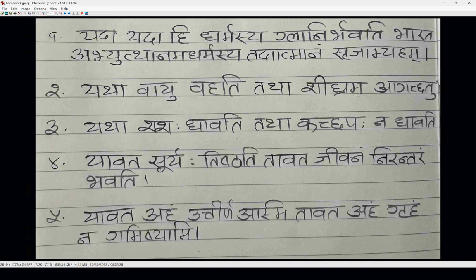यावत् उत्तीर्णः अस्मि तावत् गृहं न गमिष्यामि. What is the meaning of this? The last one. I meant to say, until I pass, I wouldn't go home. Until I clear the exam.